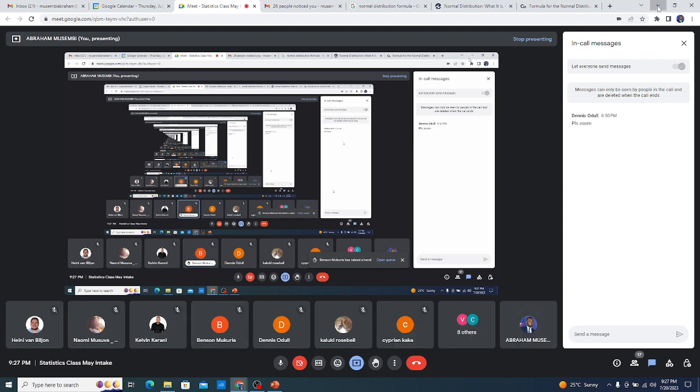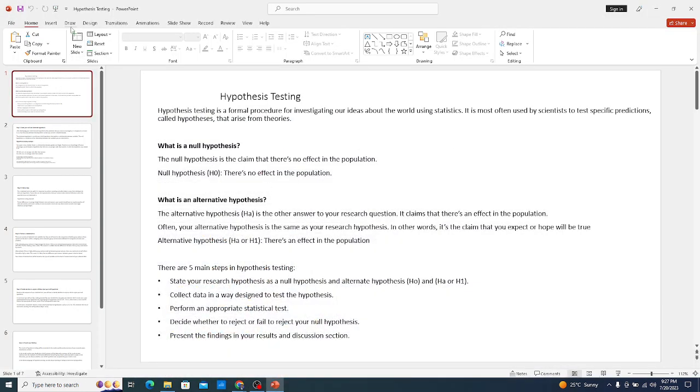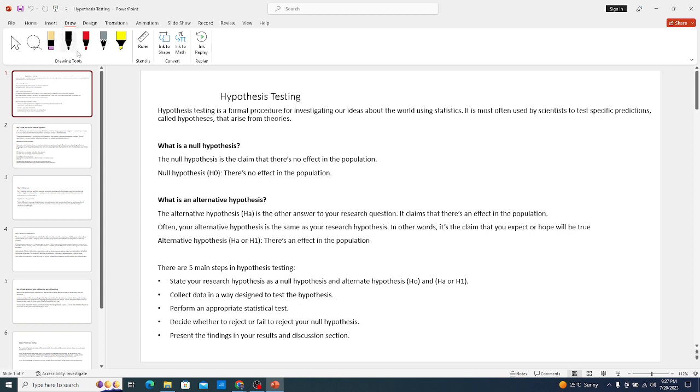Okay, good. Now I know most of you have come across hypothesis testing. And under hypothesis testing, we only have two major types of hypothesis: the null hypothesis and the alternative hypothesis.